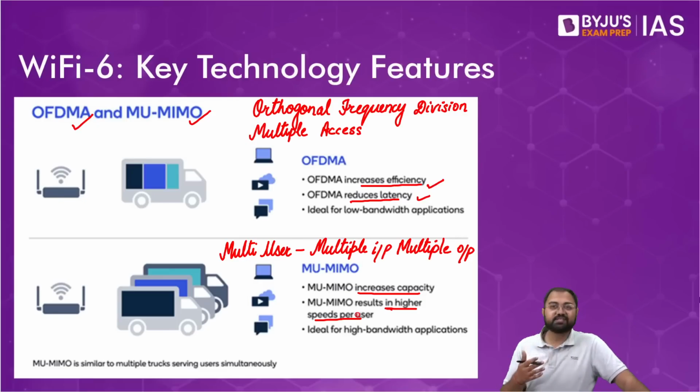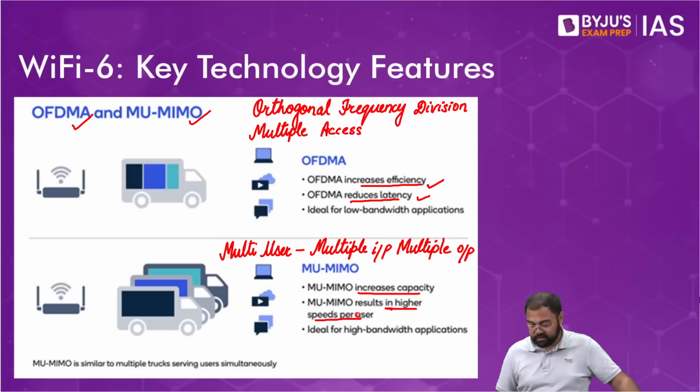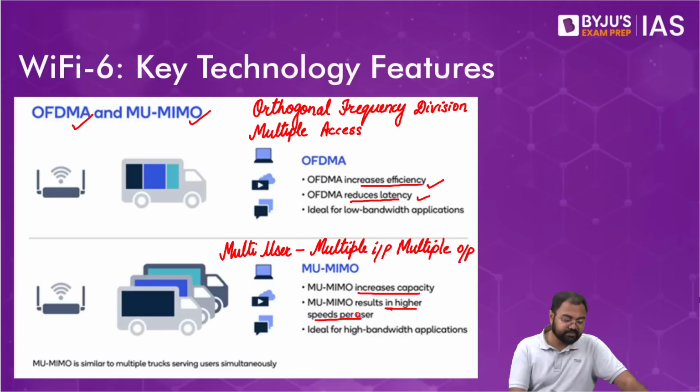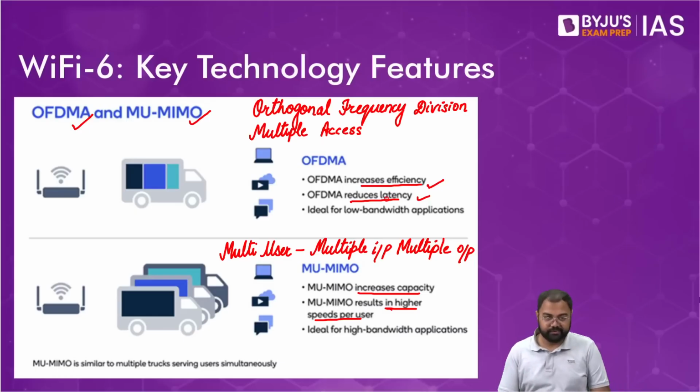Now, Wi-Fi 6 is not yet available at a larger scale in India, but we are expecting that very soon it will be, because in other countries Wi-Fi 6 connectivity is already available. It's just a matter of time before it is introduced by the private networks. So just remember these two names, what effect they have on Wi-Fi, and how exactly they change the Wi-Fi.